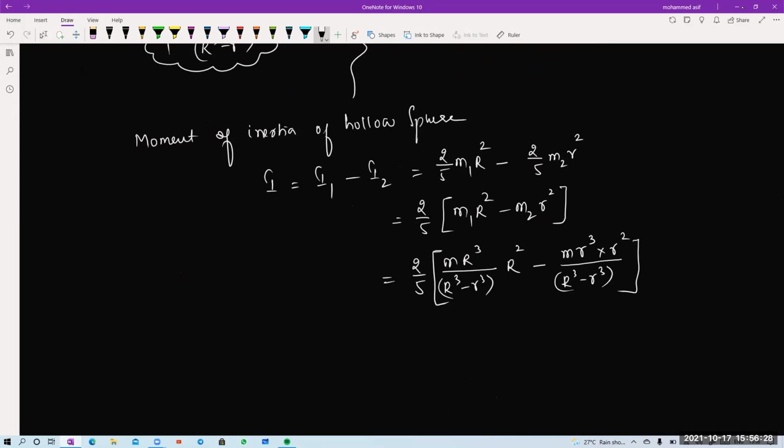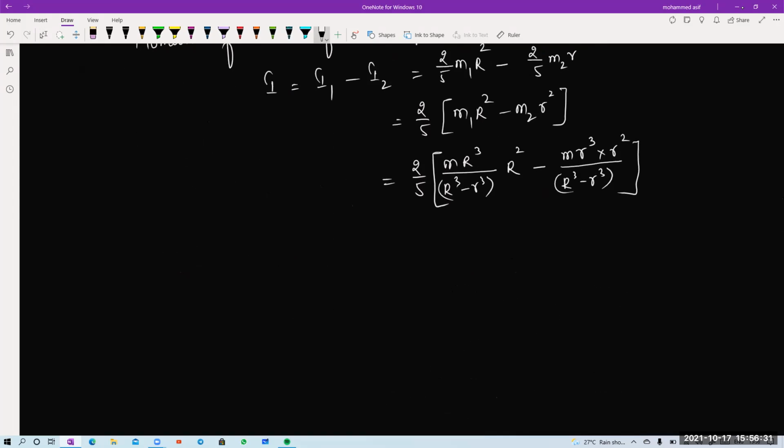Okay, so now if we simplify this, let's see what comes. That will be equal to 2 by 5, that is 2M will be common divided by 5, isn't it? So anything else getting cancelled, beta? This R cube into R square will become capital R to the power of 5 divided by capital R cube minus small r cube, minus small r to the power of 5 divided by capital R cube minus small r cube.